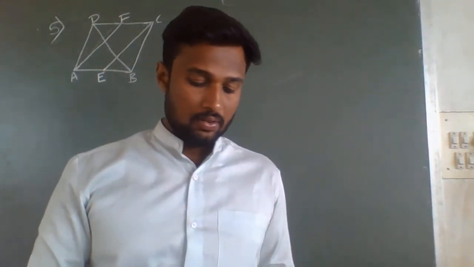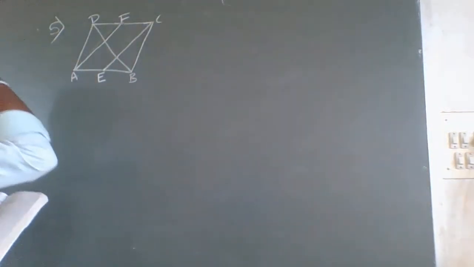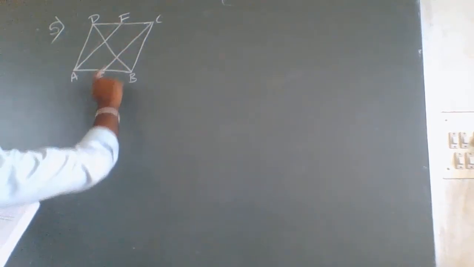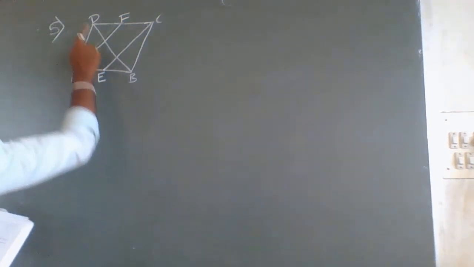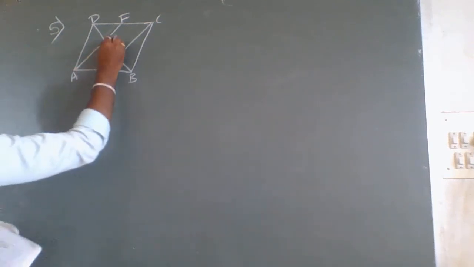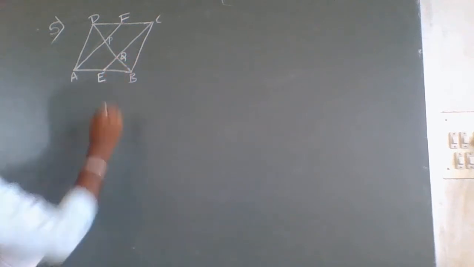Show that the lines AF and EC trisect the diagonal BD, and this is point P, and this is point Q.